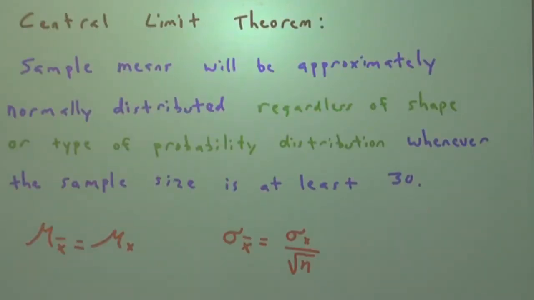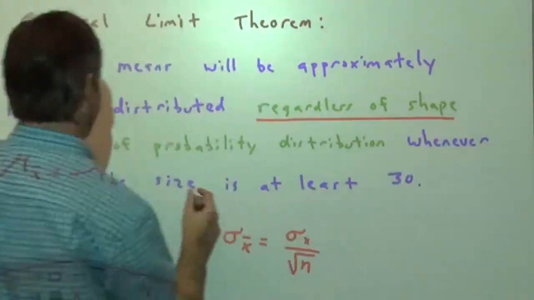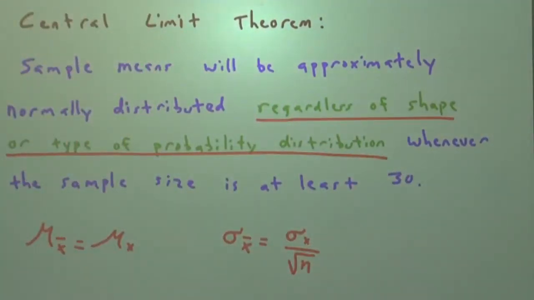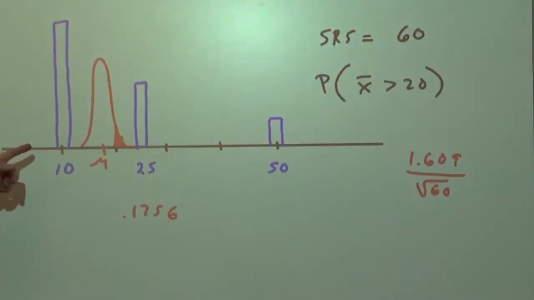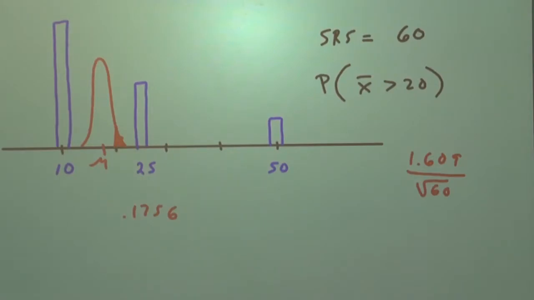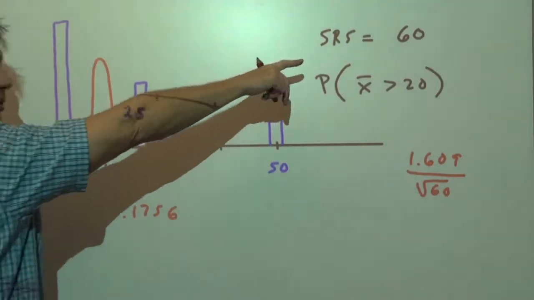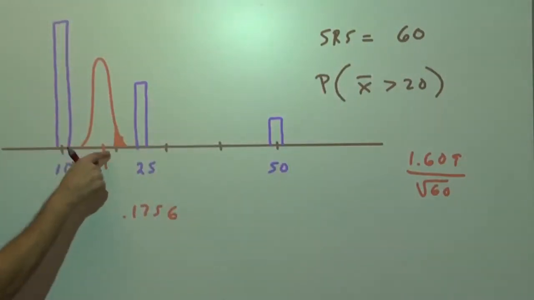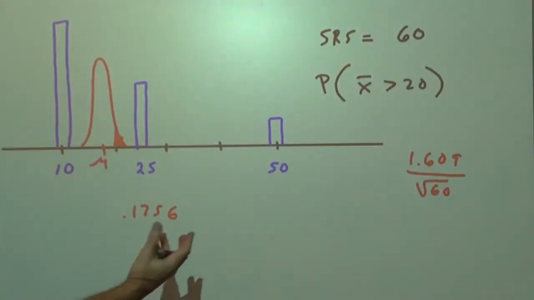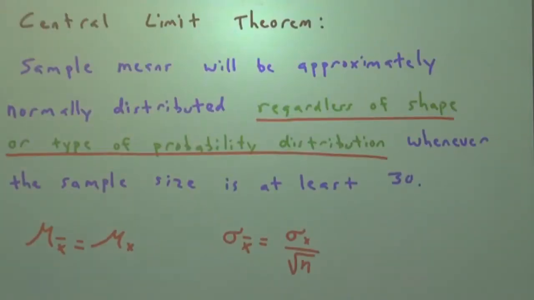But what we know now is that the Central Limit Theorem says, regardless of the shape or type of a probability distribution, even if it's not normal, like the spinner thing, it's discrete, only 3 possible outcomes, that is not normal. It's not continuous, it's not bell-shaped. But you take a big enough sample size of at least 30, and your sample means are going to be approximately normally distributed, you can use z-scores and normal CDF to find your probabilities.